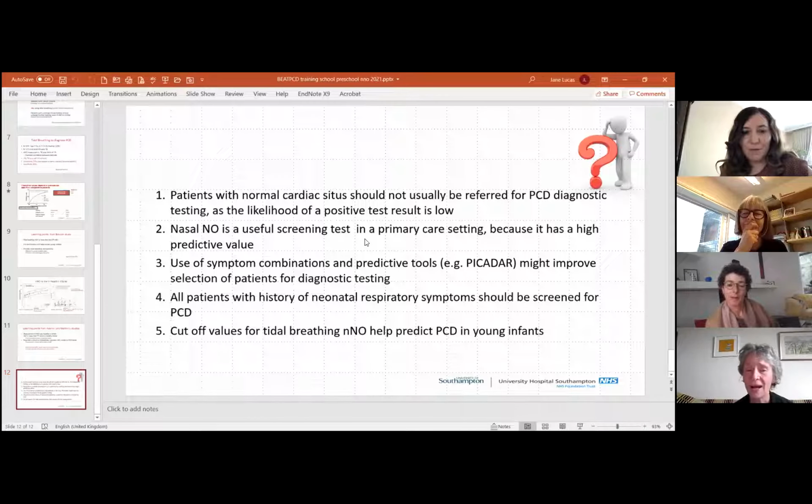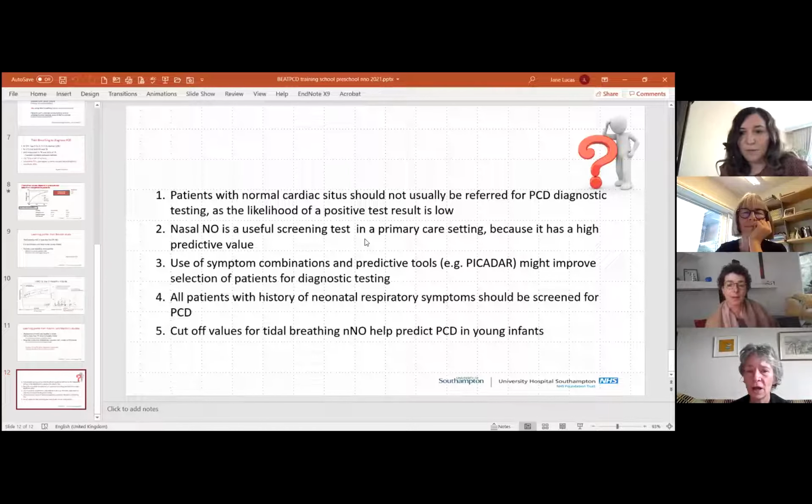It's false, because as I told you, if you do any test in a population where most people don't have the condition, it's going to be mostly false positives you get, and your diagnostic services will be overwhelmed. So however good the sensitivity and specificity are, you need to have a good pre-test reason for doing it. So you need to have a good history taken first.